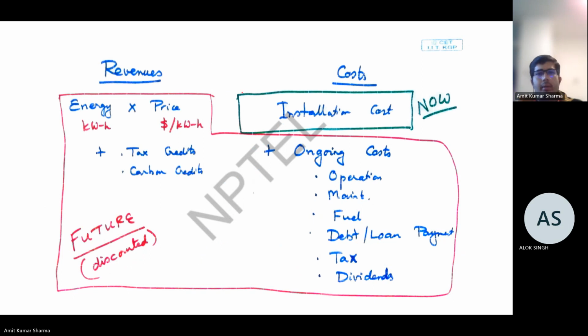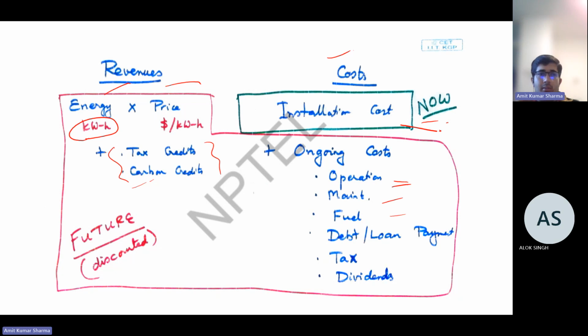So the cost will be the installation cost, that is your current cost, and revenues, that will be the energy that you have generated from your system. Then there will be a price, and there will be tax credits, carbon credits, and ongoing costs like operation, maintenance, fuel.